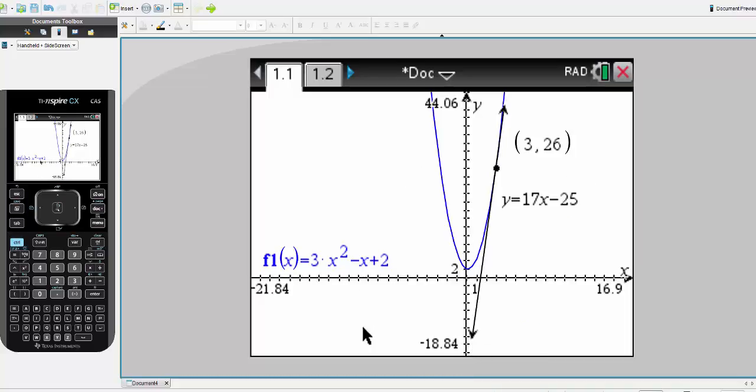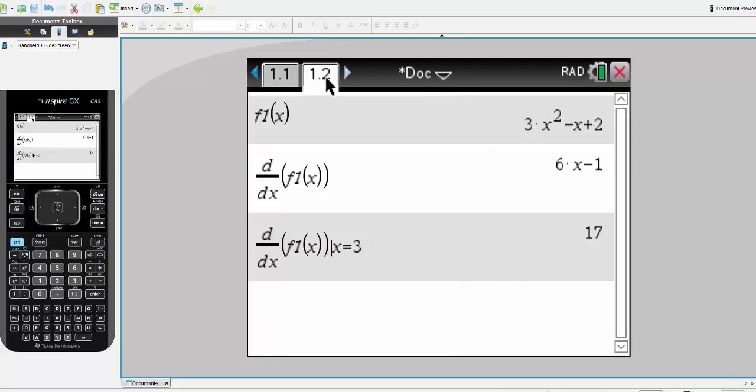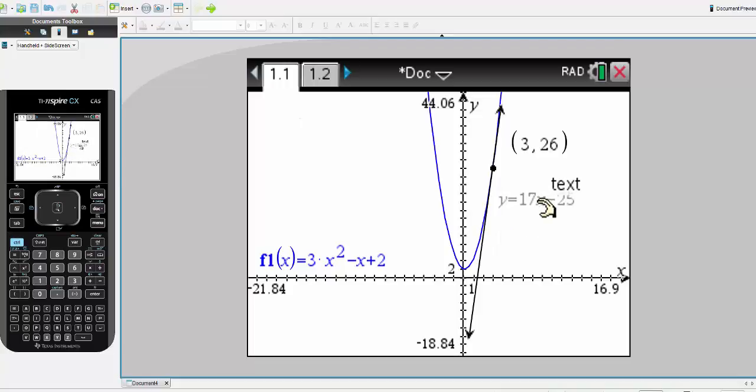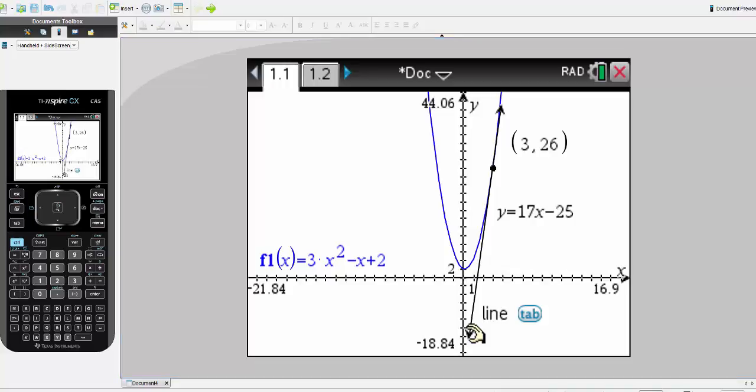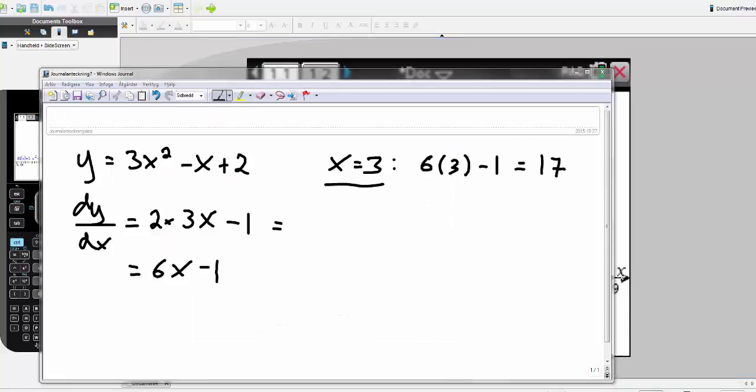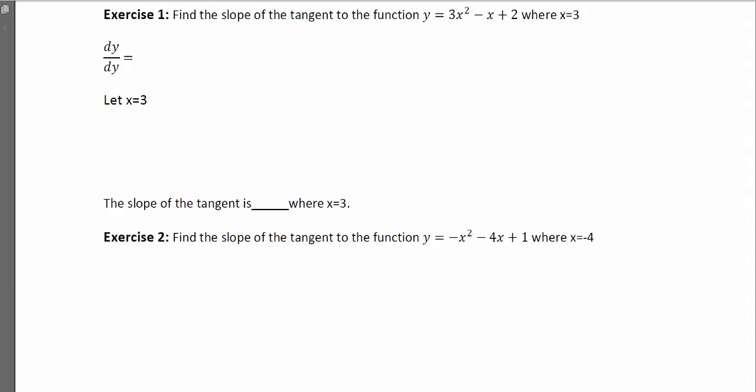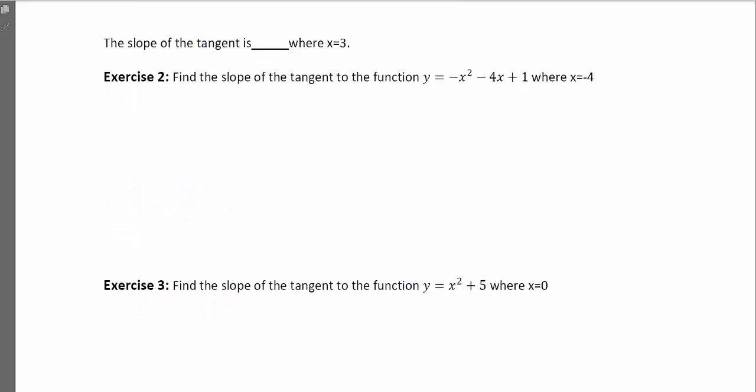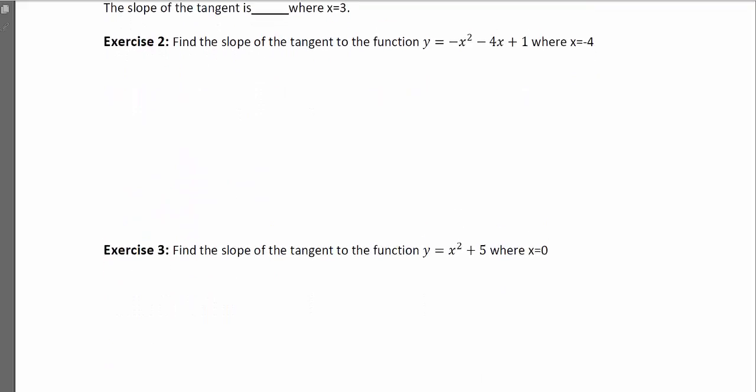But the exercise just was to find the slope of the tangent. Now we know two ways of doing it with a calculator, either like this, or finding the equation and then looking at this number, or do it with algebra. Let's do one more, and then you can try number 3 and number 4 on your own.